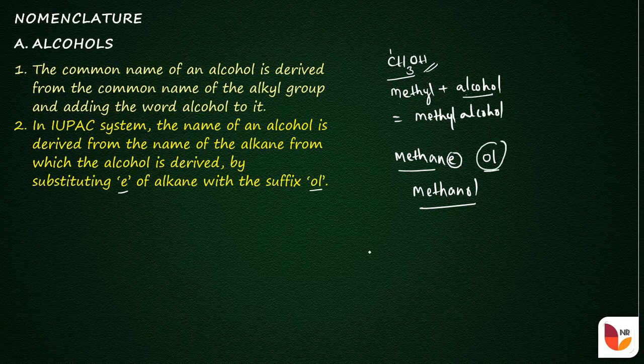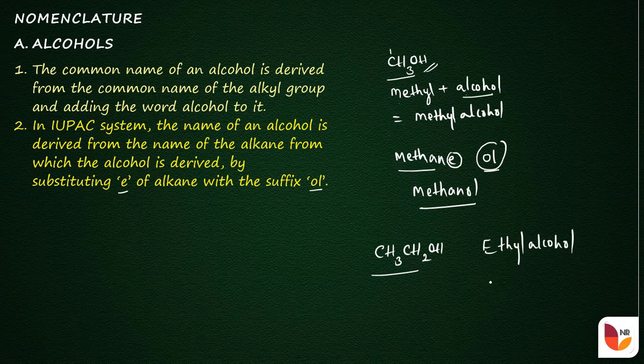Let us take one more example, CH3CH2OH. The common name: it contains two carbon atoms, so it is an ethyl group. The corresponding alkyl group is ethyl, and attaching the word alcohol gives ethyl alcohol.